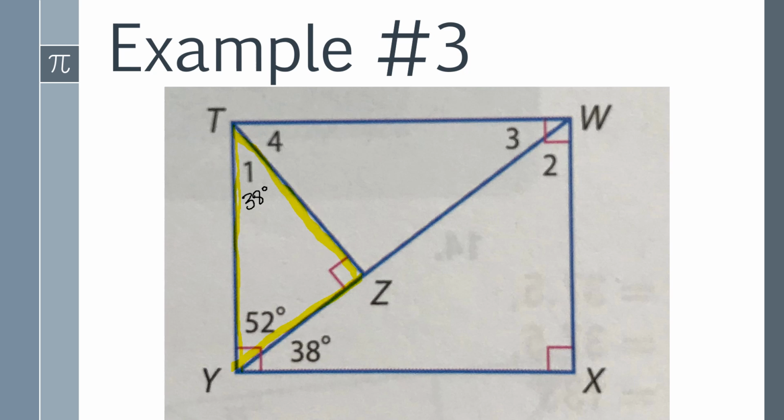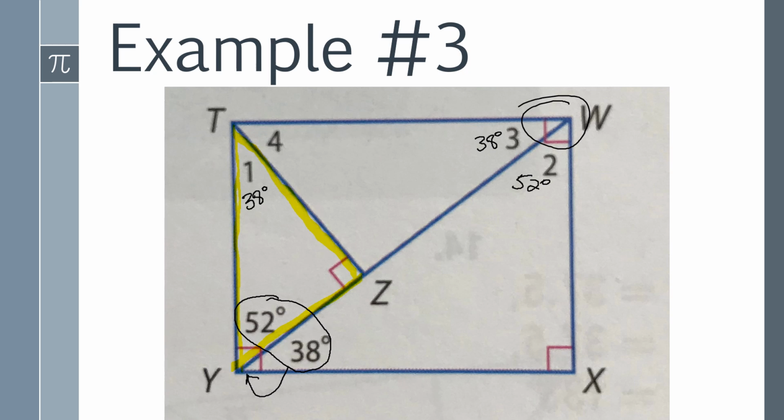Well, we notice here 52 plus 38, we can use this information right here. Those two add up to 90 degrees. So angle 2 is going to be 52. Angle 3 and angle 2 have to add up to 90 because of this here. So angle 3 is going to be 38 degrees.